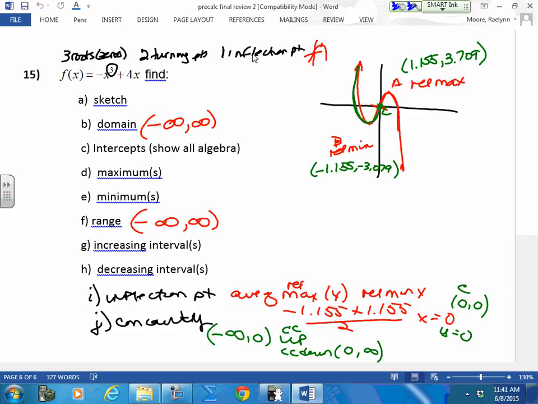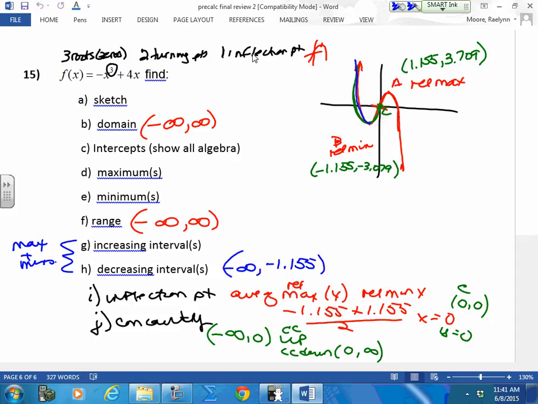Increasing, decreasing, these go off your max and your mins. And also, they are x values. It's like a roller coaster. I'm coming down, down, down, down, down. I'm decreasing from negative infinity to that x value.